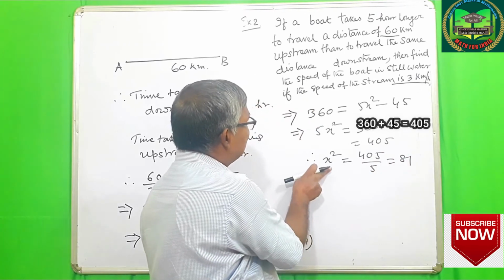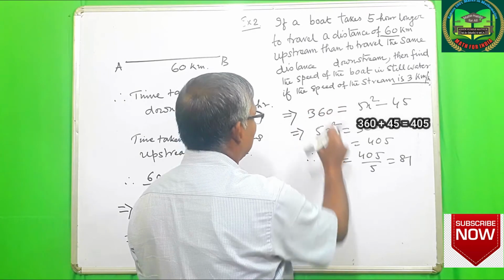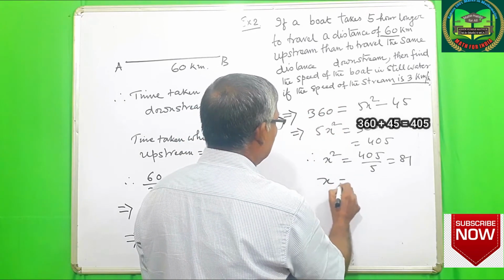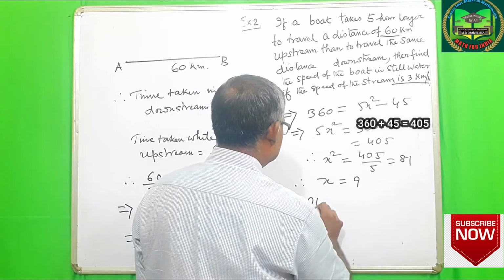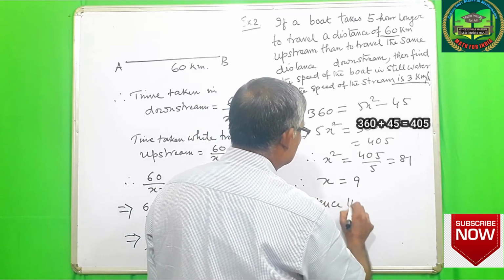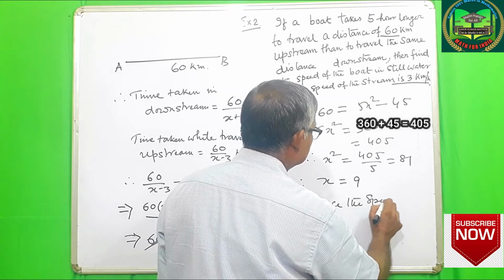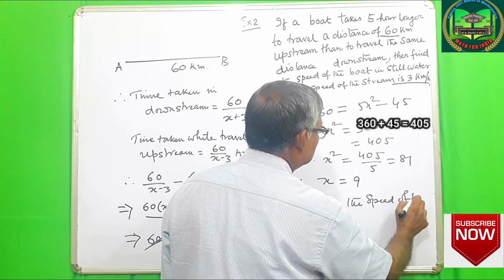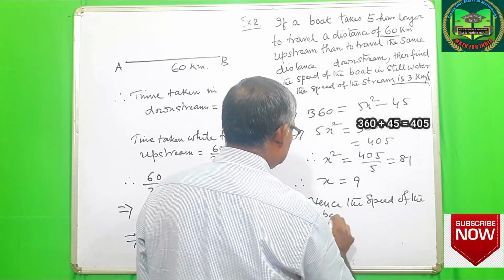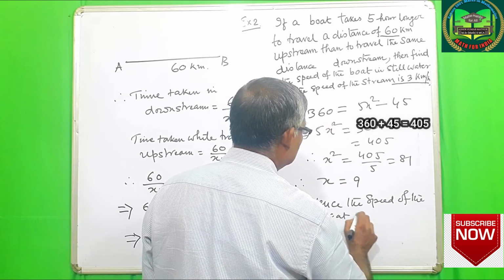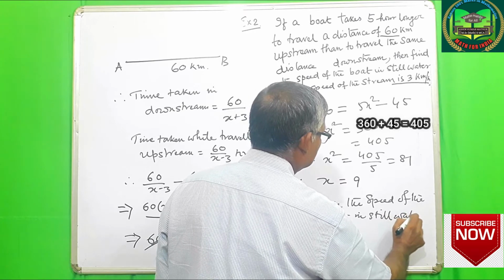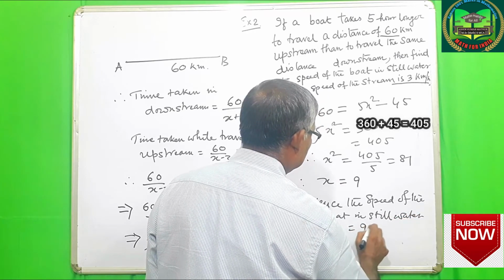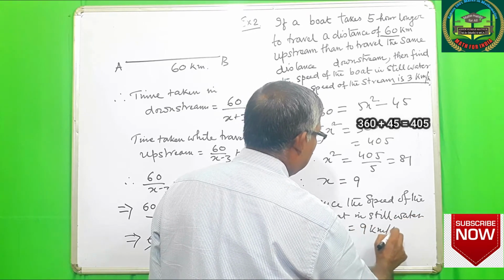Since x is the speed of the boat in still water, therefore x equals 9. Hence, the speed of the boat in still water equals 9 kilometer per hour.